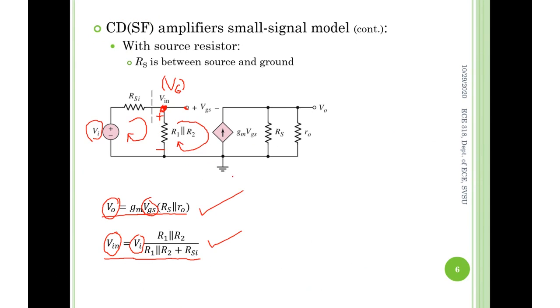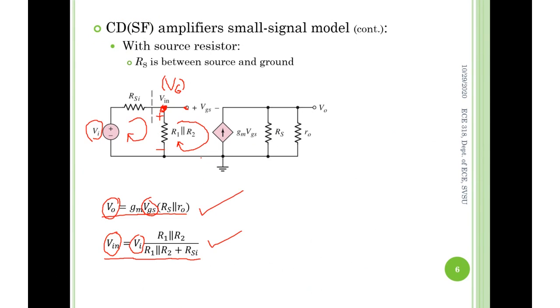So how to write this KVL? Daniel, how to write this KVL? Read yours, not type yours. I don't have it completely done yet.